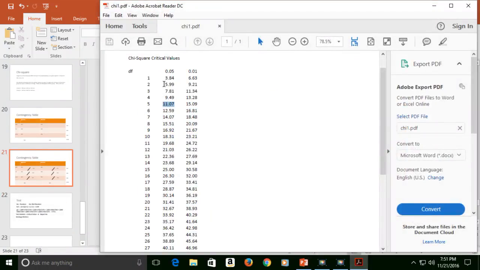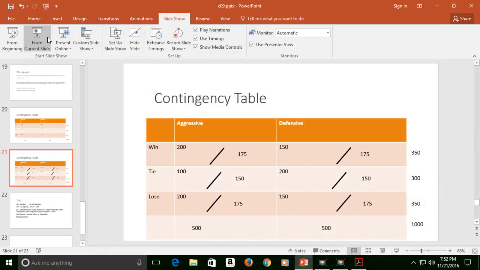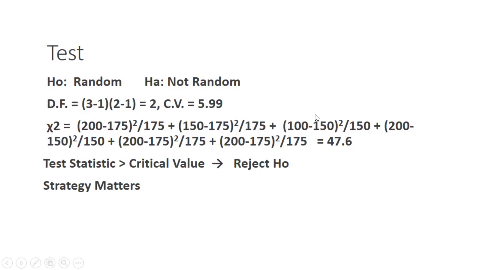So we go look here, 2 degrees of freedom, 5.99 is the critical value, right? We could use 9.21, but let's just use 5.99, which is 95%, right? Alpha 0.05. All right. So again, null hypothesis random, alternative hypothesis not random. Degrees of freedom, 3 minus 1 times 2 minus 1 is 2, critical value 5.99.